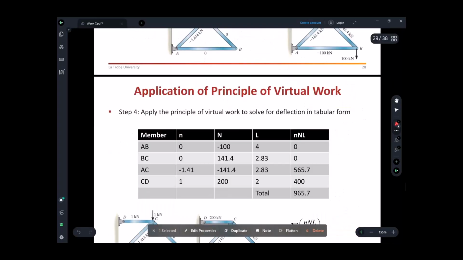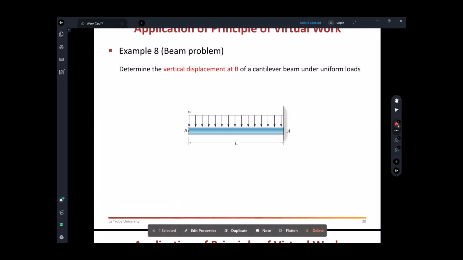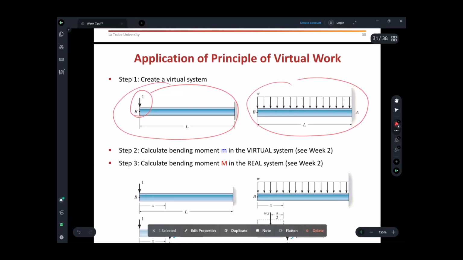Now to complete this example, let me walk you through other examples. I hope you understand all this. For the beam, it is the same thing: you want to find the vertical displacement at point B. What you do is put the virtual system, a vertical unit load, and the real system.